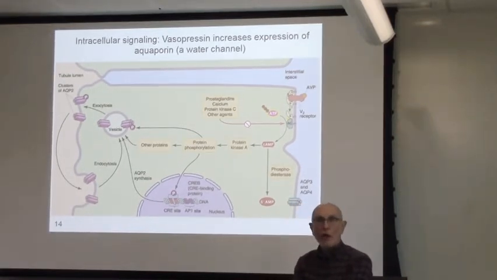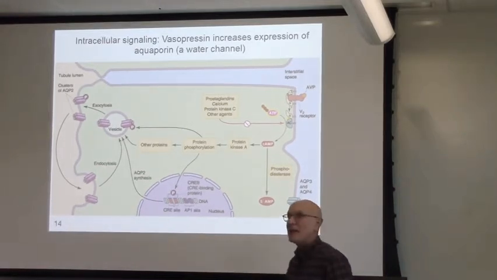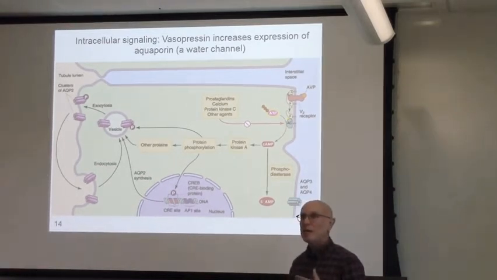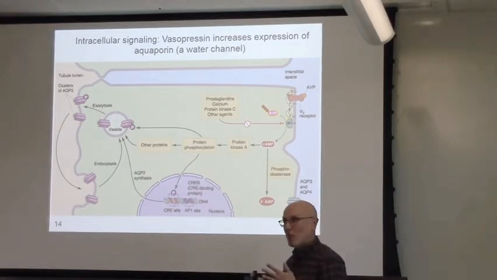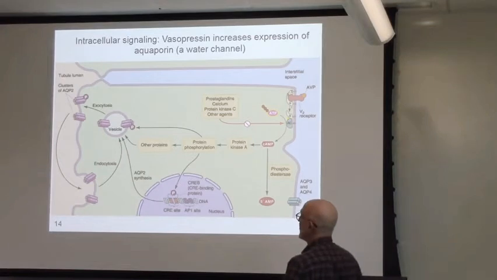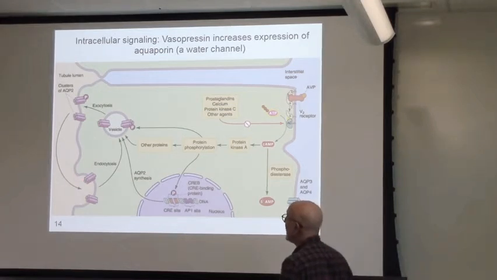Aquaporin, a water channel. This water channel is existing in these pre-secretory vesicles. Phosphorylation of them, remember we've got constitutive and controlled exocytosis. We have some controlled exocytosis going on here. We take this aquaporin channel in these pre-exocytotic vesicles, and we put them in the apical membrane.